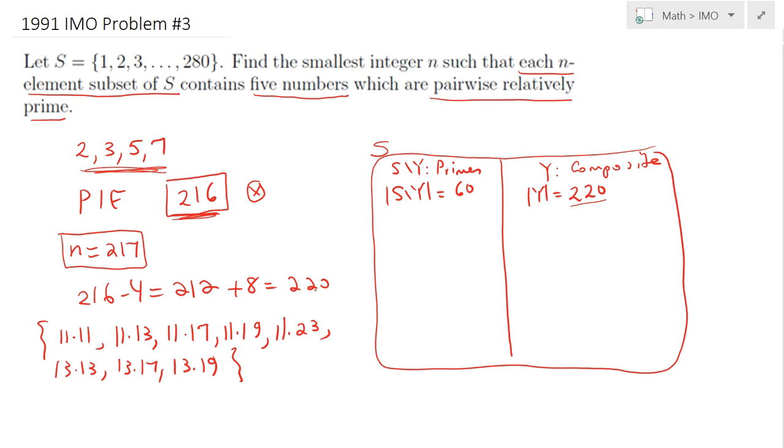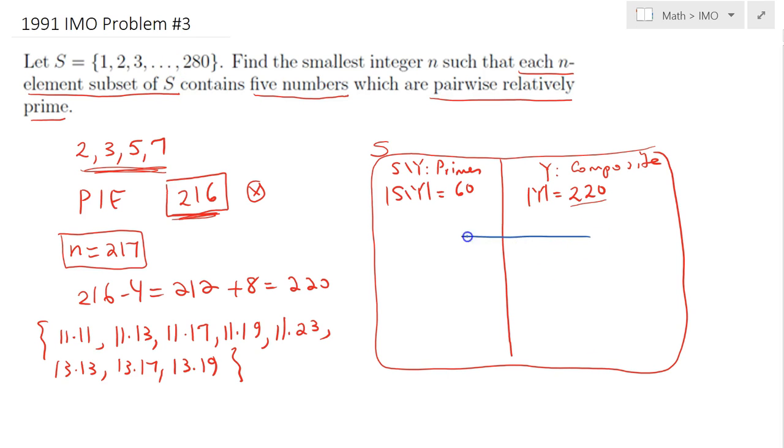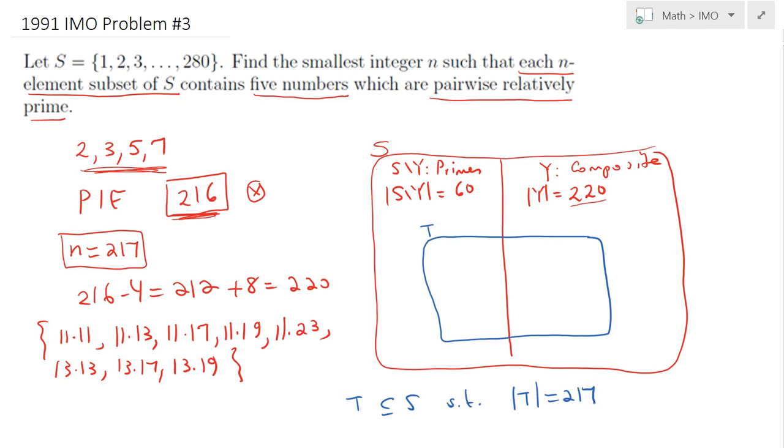Okay, so let's randomly take a 217 element subset, let's call it T, of the set S. So T is a subset of S such that T has 217 elements in it, and let's prove that this set will contain at least 5 numbers which are pairwise relatively prime.